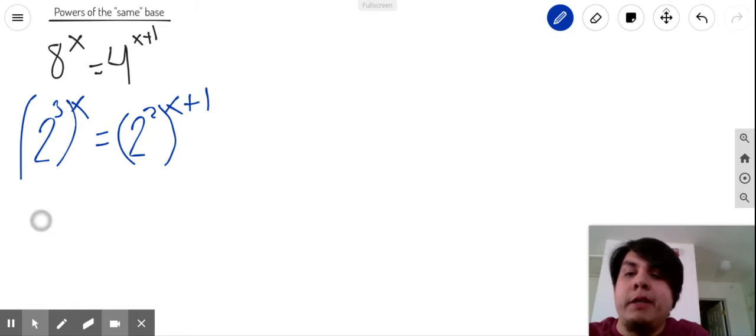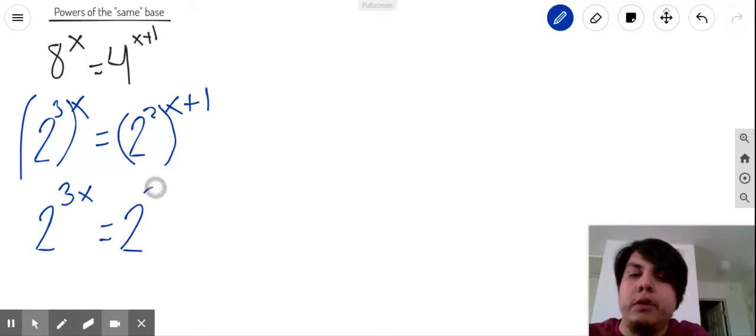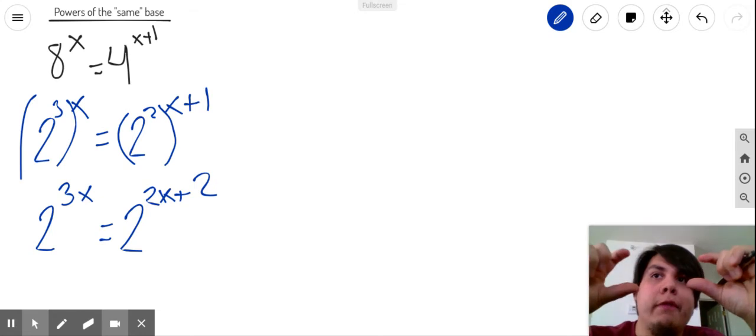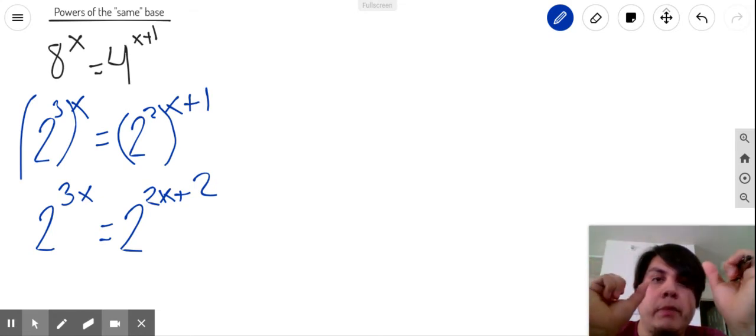So that means that 2 to the 3x should equal 2 to the 2x plus 2. There we go, that's an x. So in order for this to be true, if this value has to equal that value, that means that the exponents have to be the same.